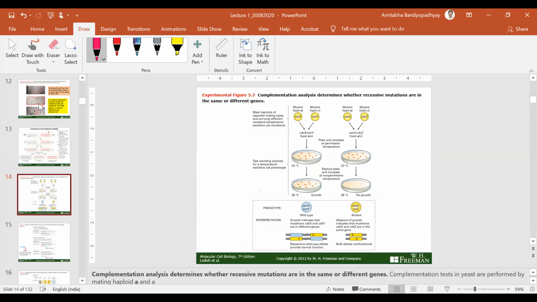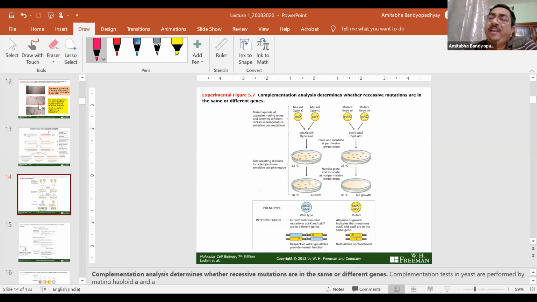Sir, one thing, here we are taking into account the assumption that each complementation group is mutated in one gene. In reality, what happens actually? Almost always that is true.